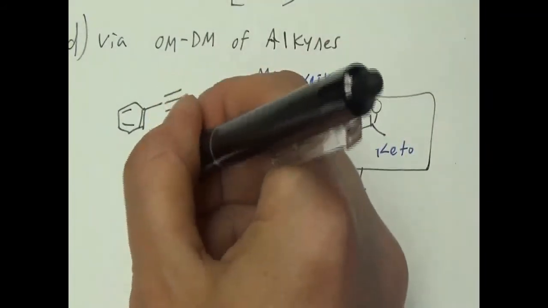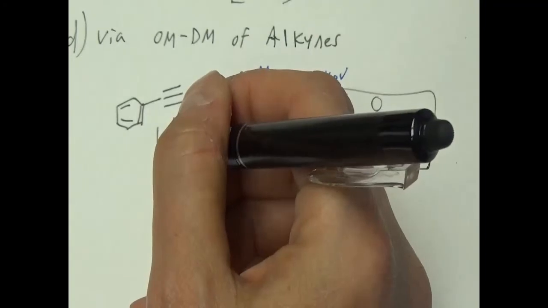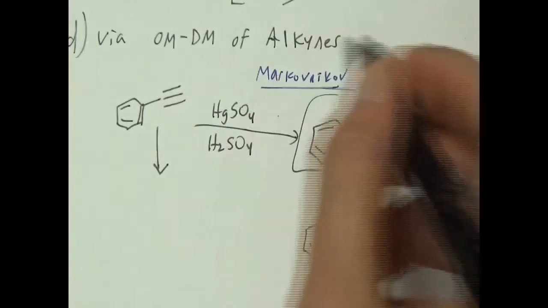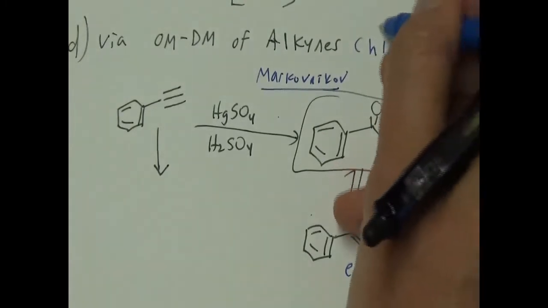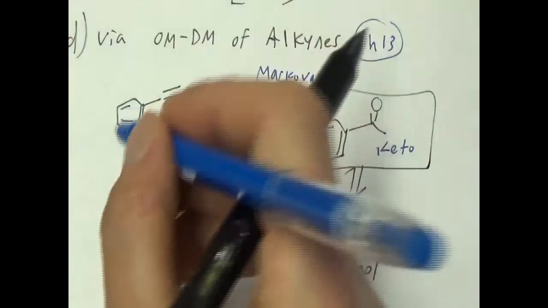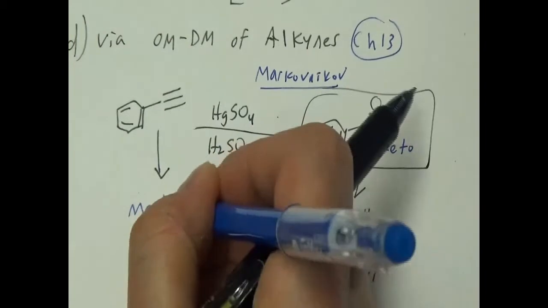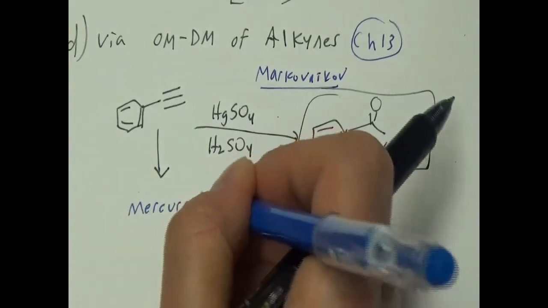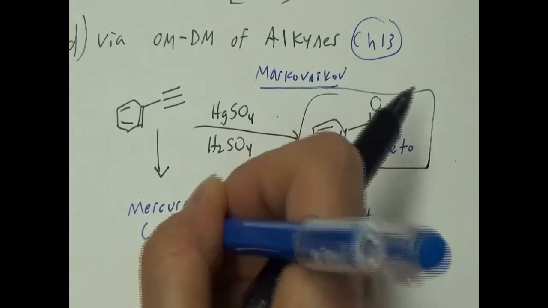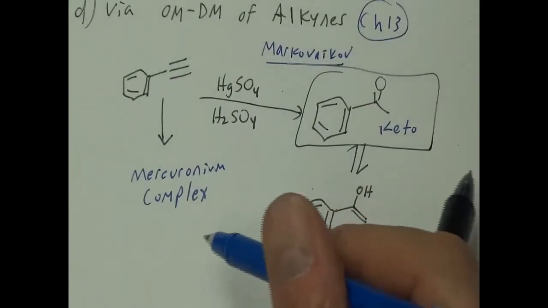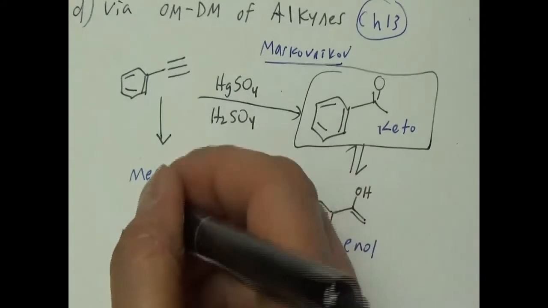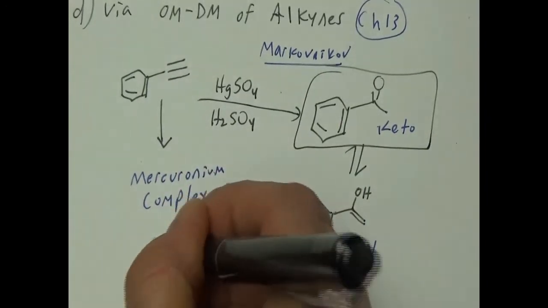I'm not going to review the mechanism because it was really chapter 13 stuff, alkynes. It did go through something called a mercuronium complex. That was the weird kind of like 3-member ring with a mercury, if you remember that. I'll just abbreviate it.